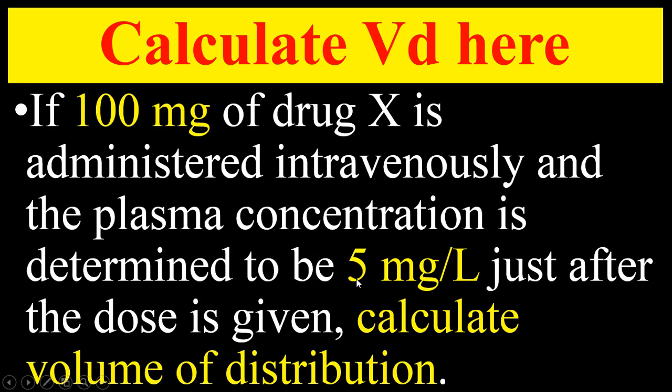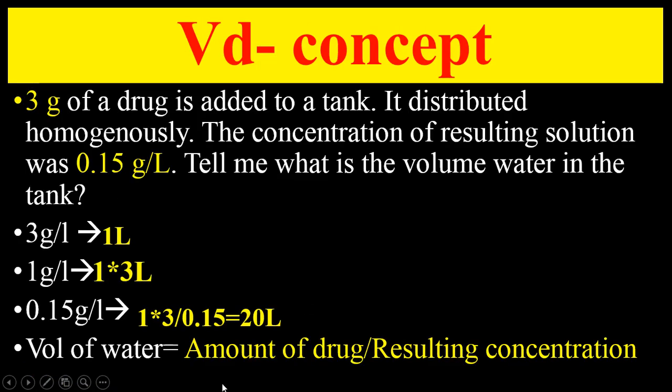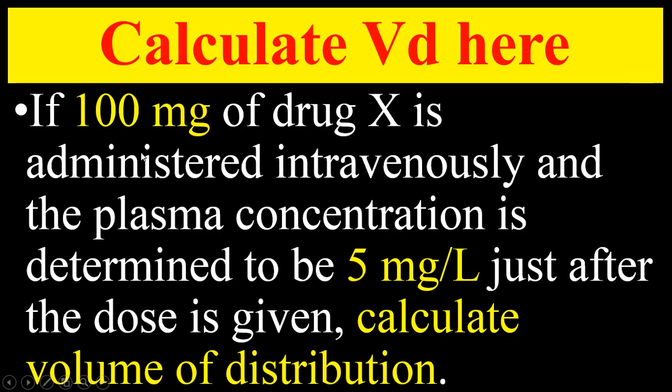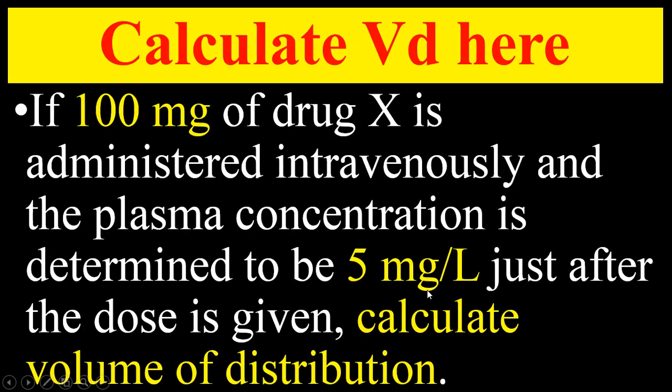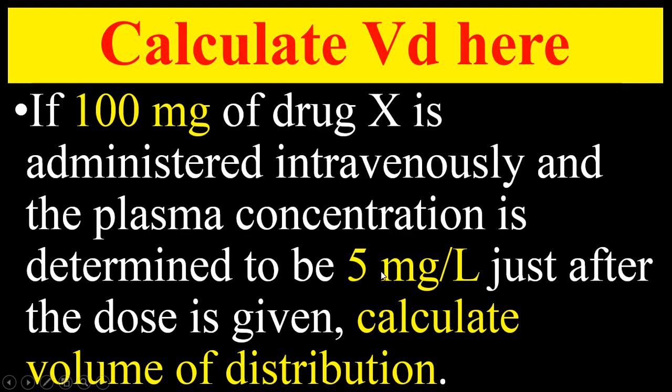Assuming the same thing, the tank is the body. Using the same formula, the amount of drug, 100 milligram, divided by the resulting concentration, 5 milligram per liter, gives 20 liter as the volume of distribution.